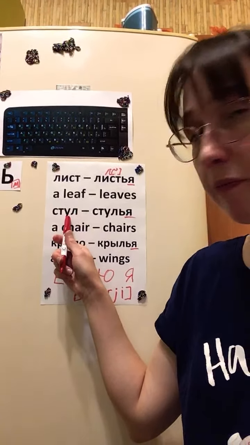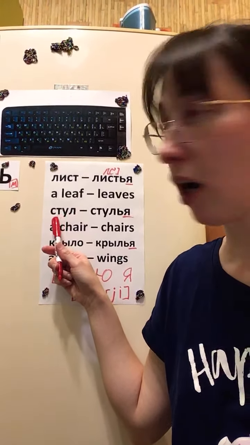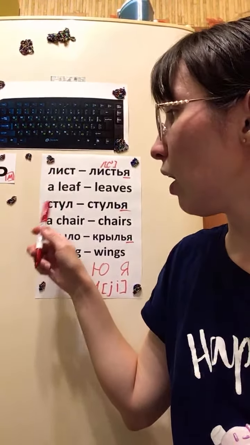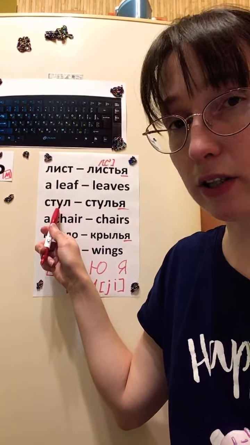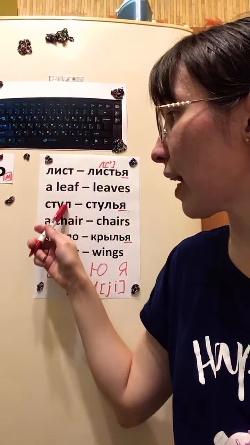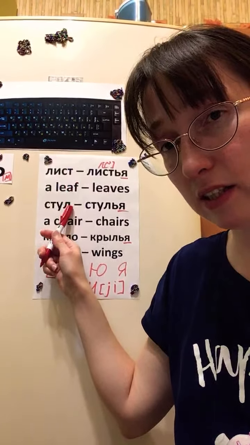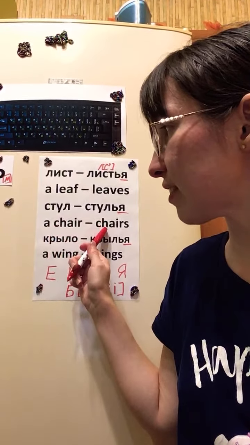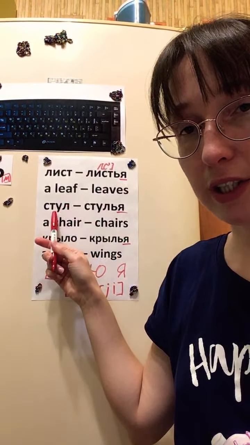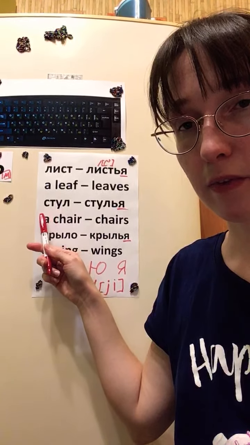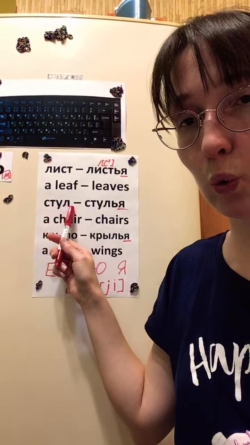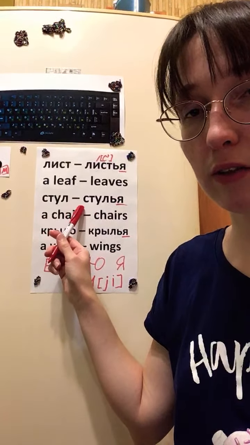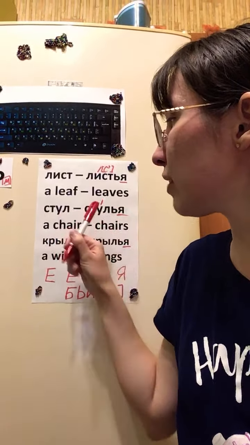The next pair. By the way, list is masculine. The next word is masculine too. They end with the consonants, so they are masculine. A chair, chairs. Read it by yourselves. Stool, stool. And plural, U is stressed.